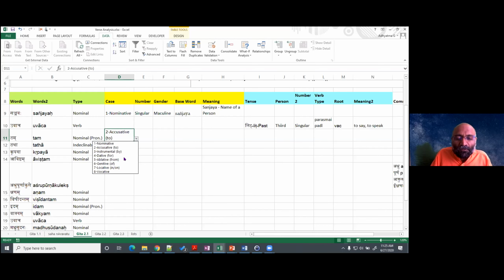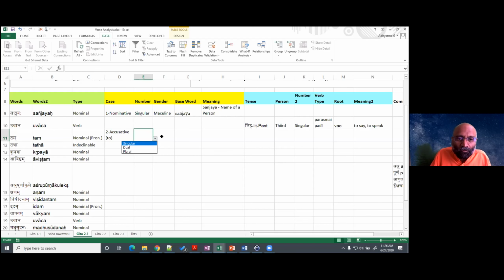As you can imagine, these are rough mappings. By and large they hold good, but Sanskrit is its own language, and no two languages can really map each other word for word, definitely not Sanskrit and English because they are quite different. But generally, the case represents the idea of a preposition in English.